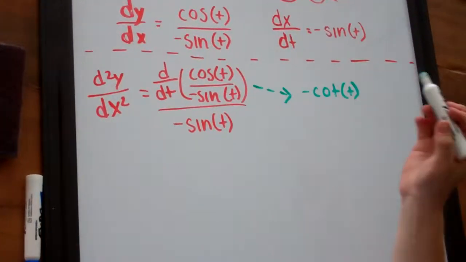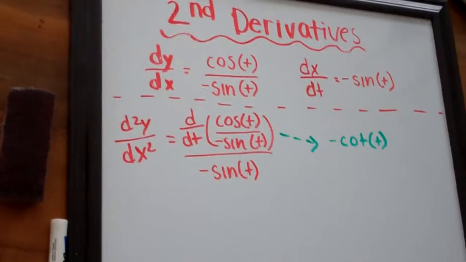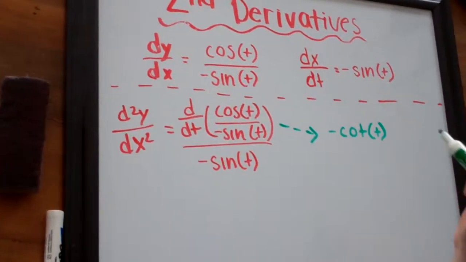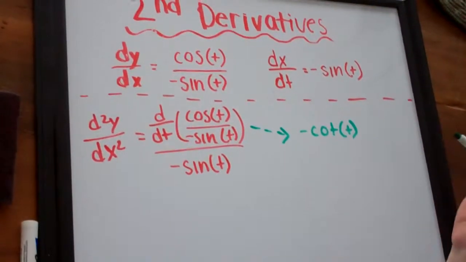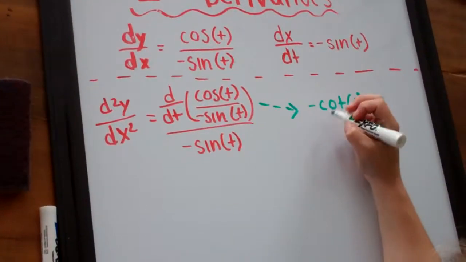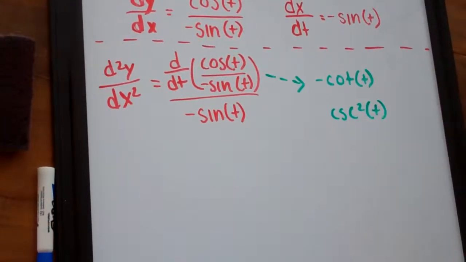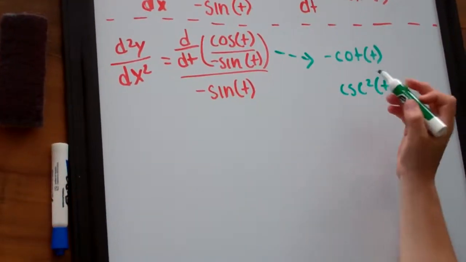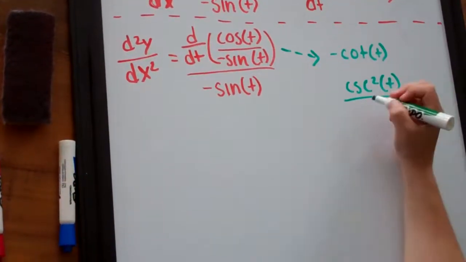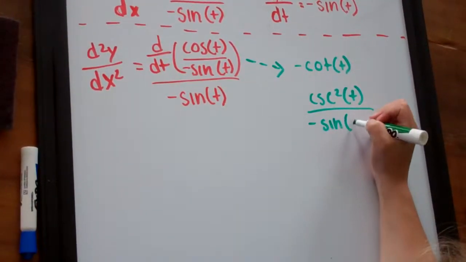So we know that the derivative of cotangent of t is negative cosecant squared of t, but since this cotangent is negative, the derivative is going to be cosecant squared of t. Now we put this under this cosecant squared of t, so it's going to be cosecant squared of t over negative sine of t.